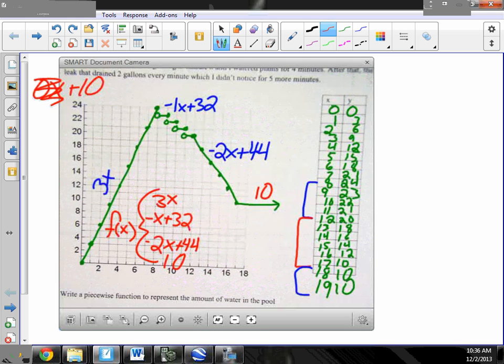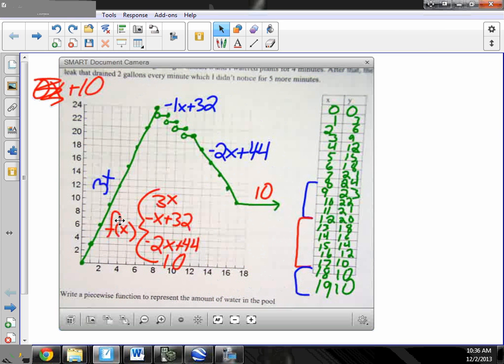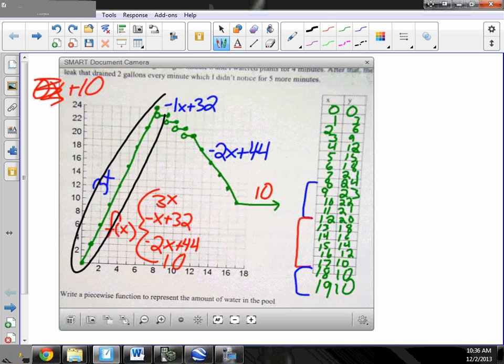Once you have the equations, then you need to figure out the domains. We need to state where each function exists, because every function starts and stops. Well, the last one doesn't stop. So let's look at filling up the pool. So this part of the function here. What are the x values associated with 3x?